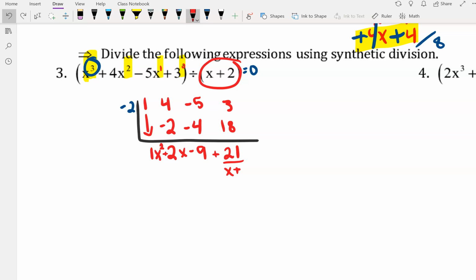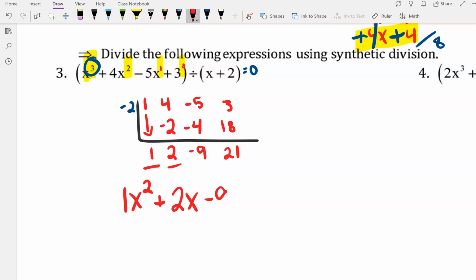So I'll go back and redo that one more time so that you can see where we have a little more room. So I had these numbers. I know I want it to be second degree, so I take this coefficient and I turn it into something that's second degree, so x squared, plus, then this one must be first degree, 2x, this one must be 0 degree, and then this one is the remainder, which we always put over the divisor.